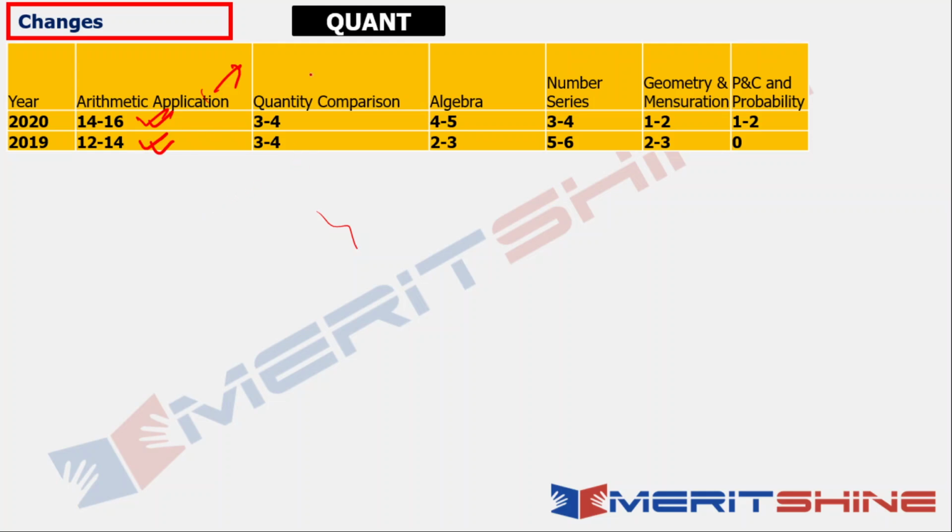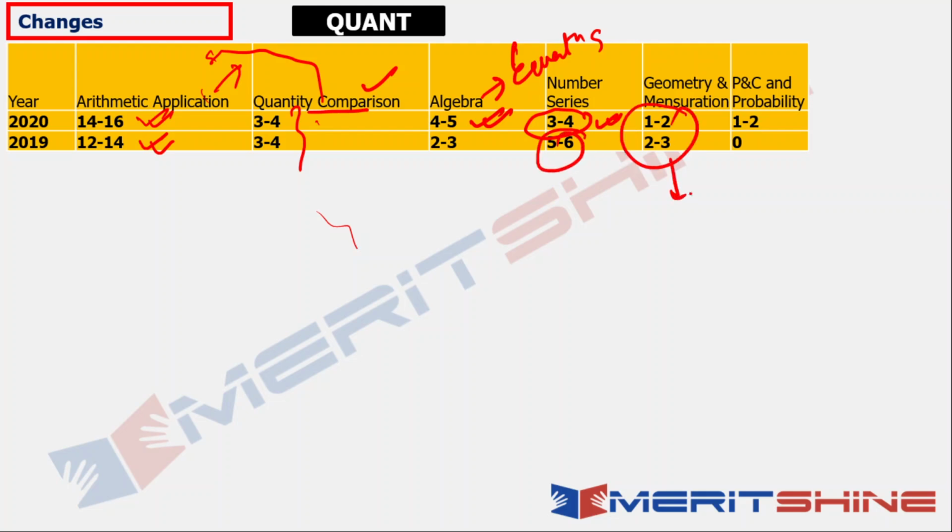If you take together the rest of the topics, quantitative comparison, though normally we will do some part of it in arithmetic only, it had been the same, 3 to 4. Algebra, there were more questions in 2020. Most of the algebra questions were based out of equations. The number series, a little lesser number of questions this year, 2020 vis-a-vis 2019. Geometry mensuration, every year there are at least 1 to 2 questions based on mensuration.